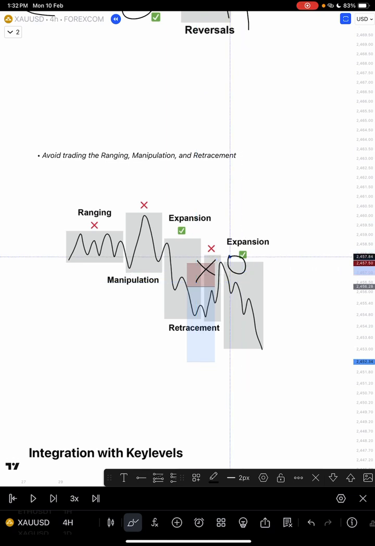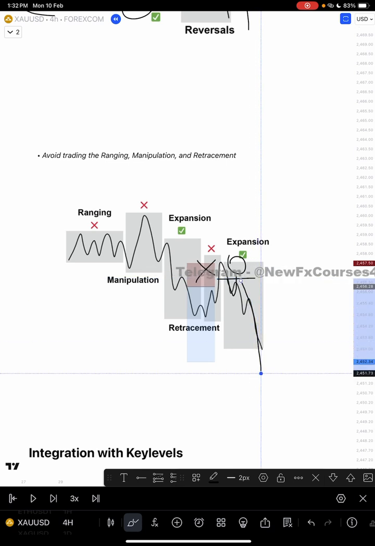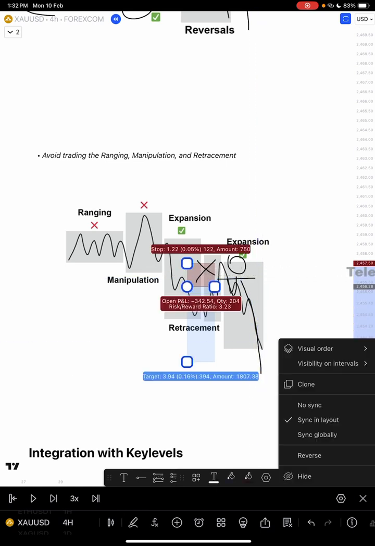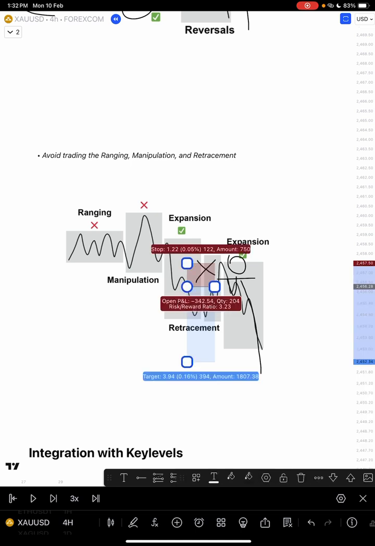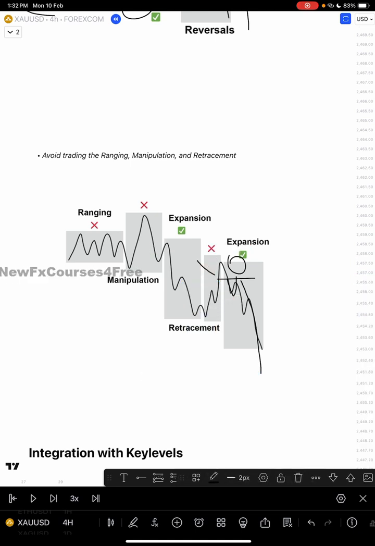You can position yourself here. This might actually be a move into a lower time frame order block before expanding lower. So avoid trading the retracement profile. Focus on the expansions and the reversals. Don't trade the ranging profile and the manipulation profile as well.